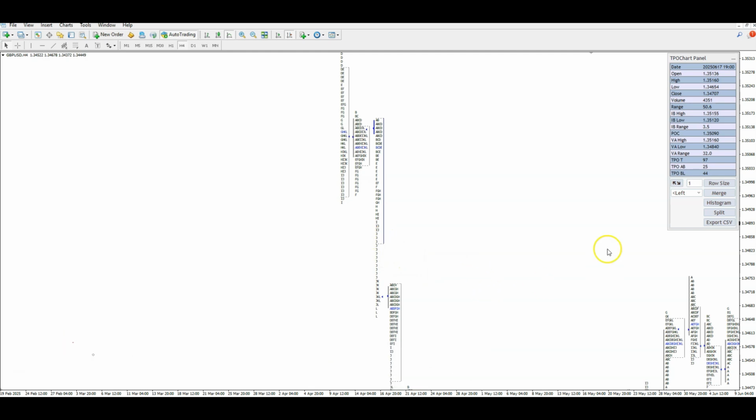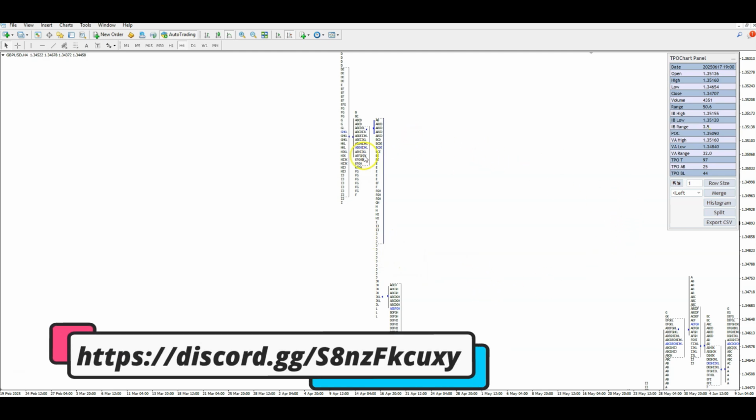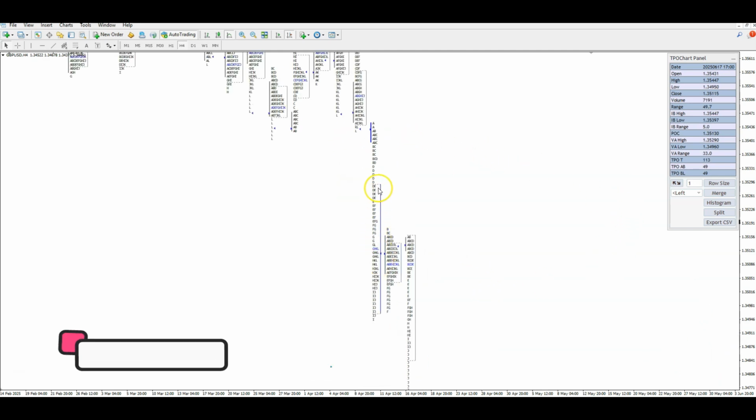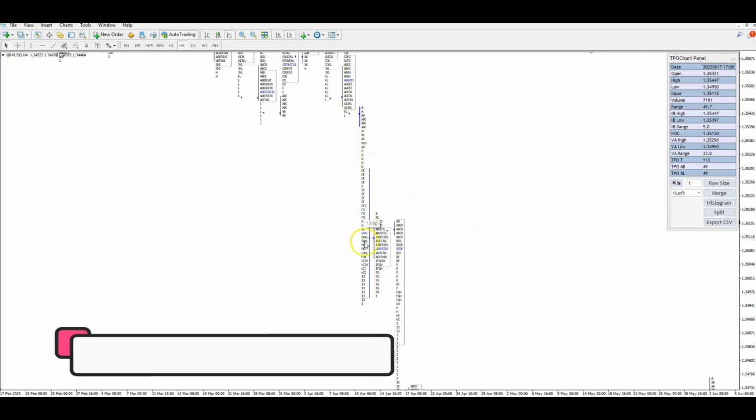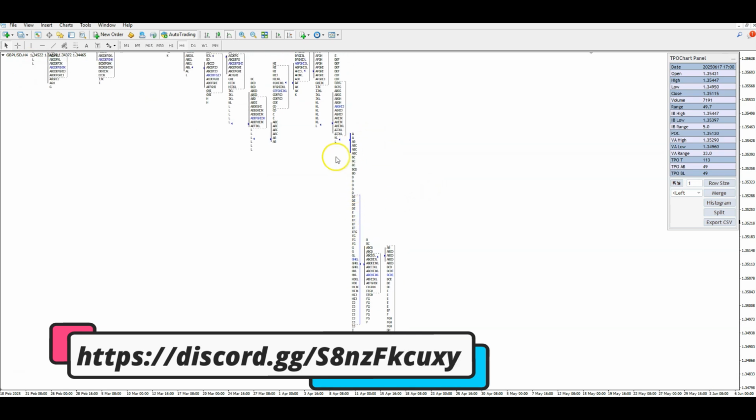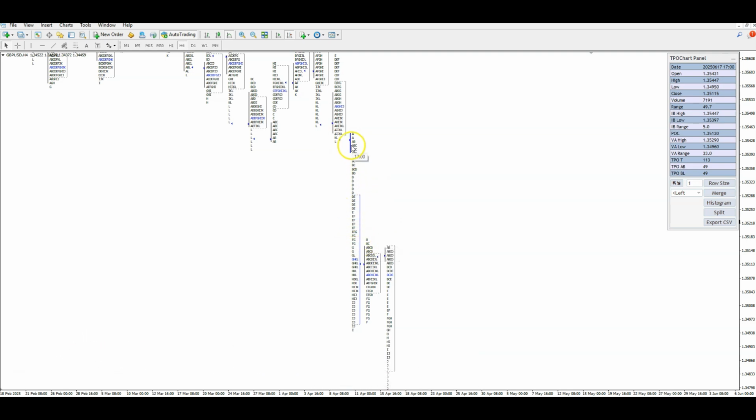So you can see that the volume's pretty light relative to what we're seeing on this profile here, which was the 17th of June profile, 3 p.m. Chicago. So what have we got? Huge volume. So this essentially is a lot of minus development on the 1 hour itself, on the entire profile.